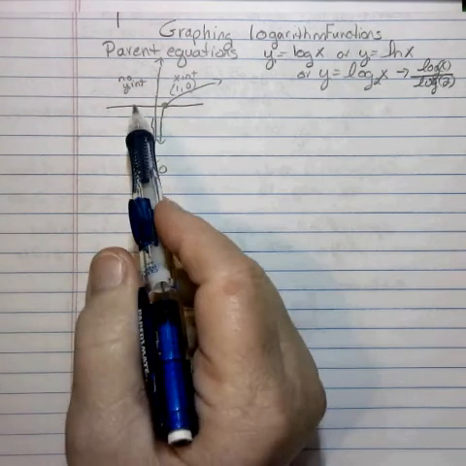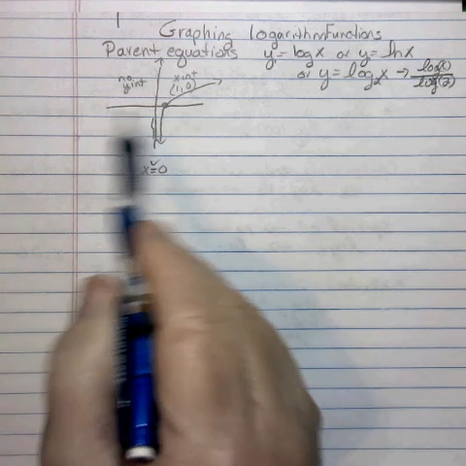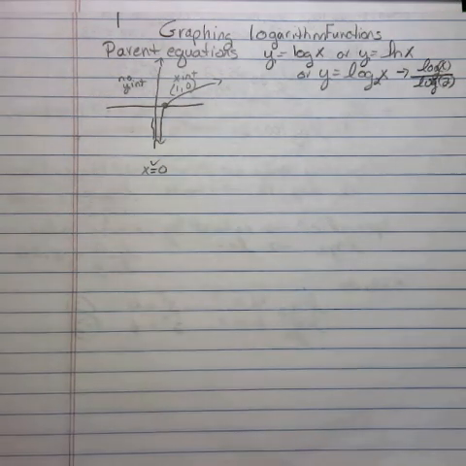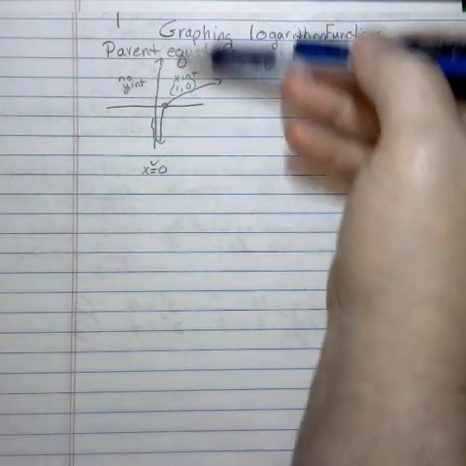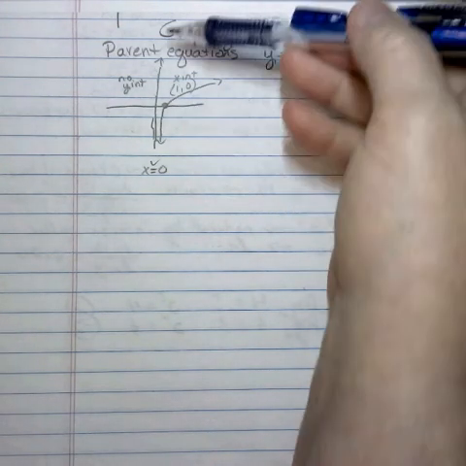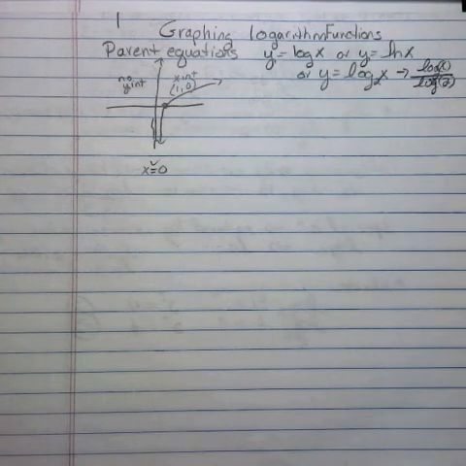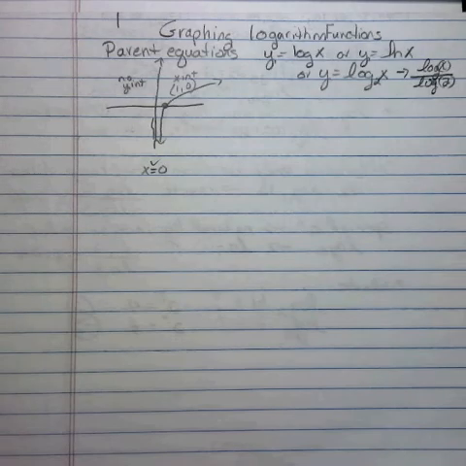As we talk about shifts, if we have horizontal shifts, that's going to change where the asymptote is. It's going to change where your x-intercept is. If we have vertical shifts, it's going to change where this value moves up and down on the graph, but it won't change where the asymptote is.